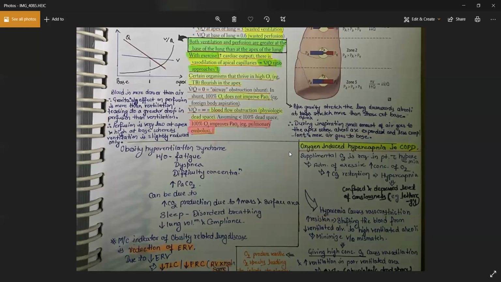So as soon as I give them the supplemental oxygen, a hypoventilation will occur in these patients. That will again promote the high CO2 levels, right? So this is one cause of oxygen-induced hypercapnia in COPD patients.